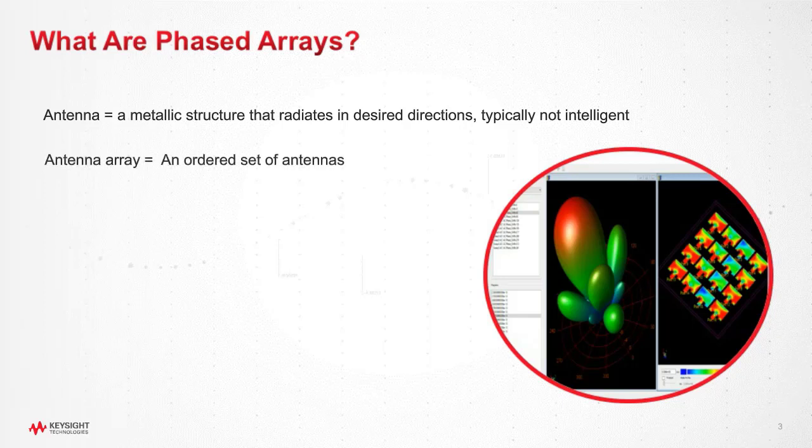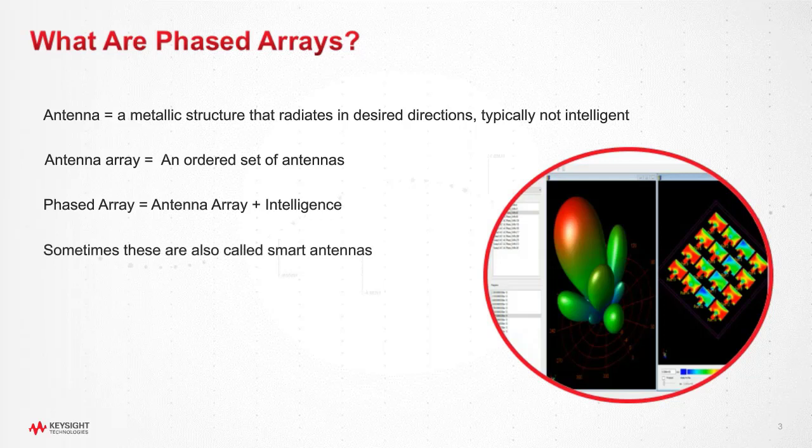We can form an array of antennas by arranging them in a specific geometry, either 2D or 3D geometries. A phased array is an antenna array plus an intelligence imparted to it. Sometimes we also call these array antennas smart antennas.